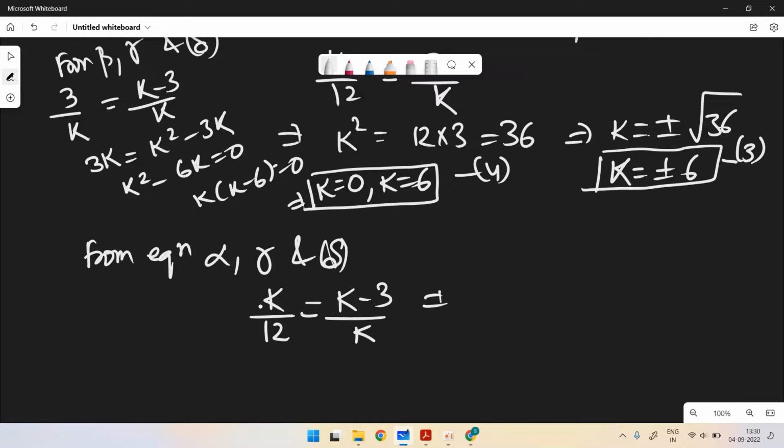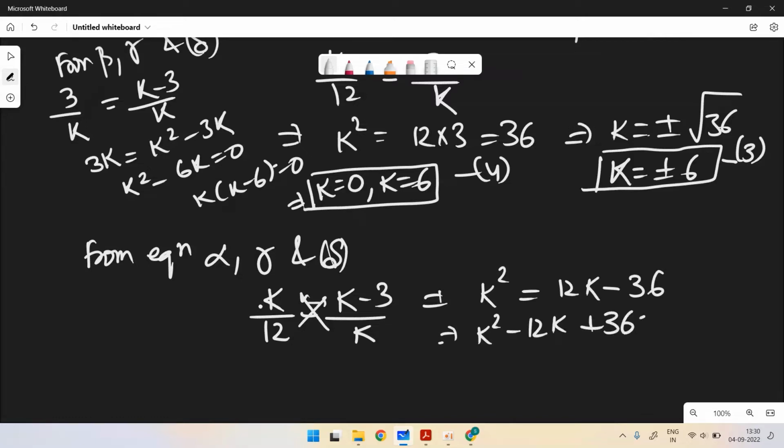If you cross multiply, this becomes k square equals 12k minus 12 into 3, that is 36, which implies k square minus 12k plus 36 equals 0.